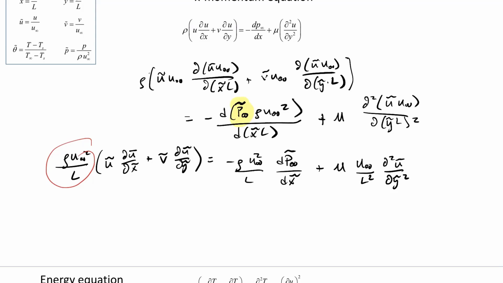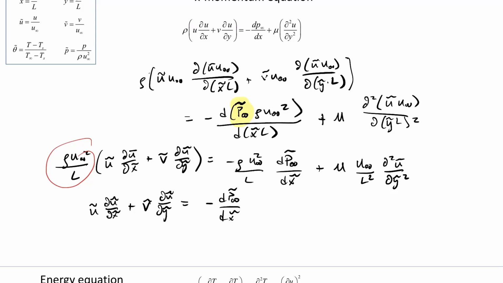So we divide the full equation by that, and we're left with what? Copying this part, u tilde du tilde dx tilde plus v tilde du tilde dy tilde. That's on the left. Then on the right, we have divided out rho u infinity squared over L, so that first part goes away. This just becomes minus dp infinity tilde over dx tilde.